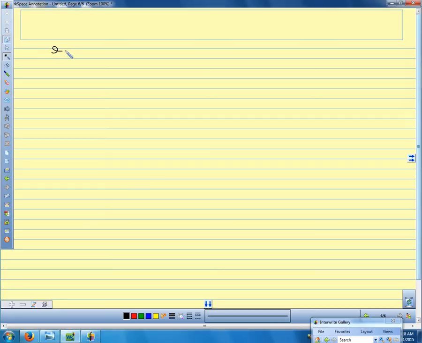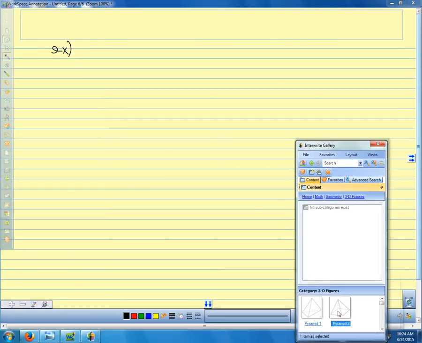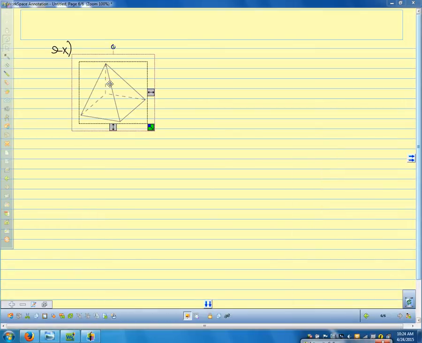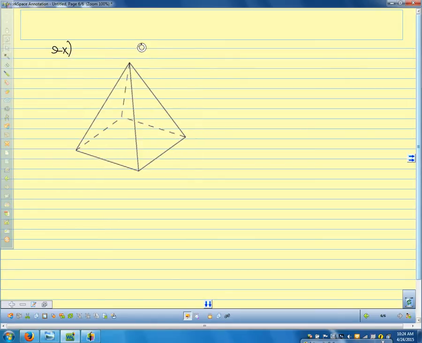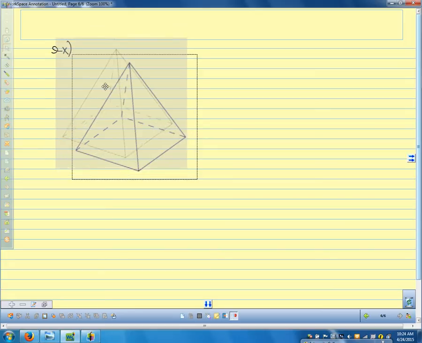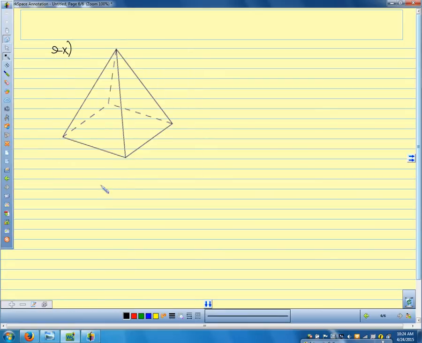Okay. Here's our example for this one. I'm going to grab this picture. So another square pyramid. And we're going to say this is 9 inches. And I'm going to draw this in.